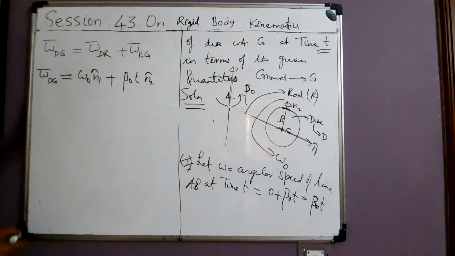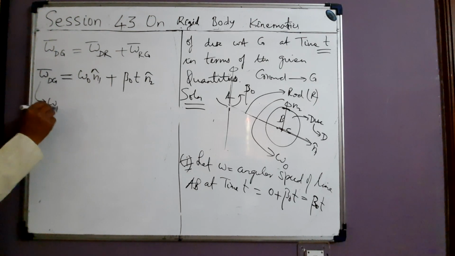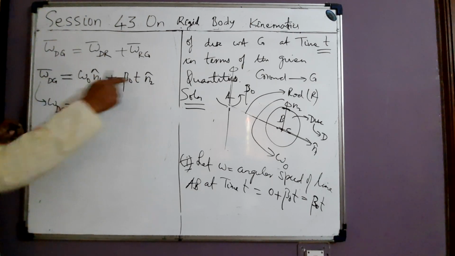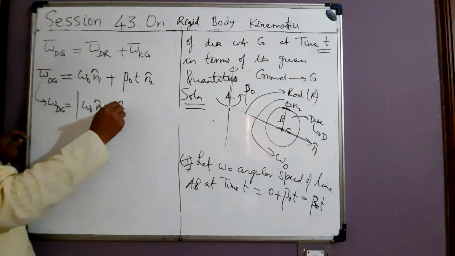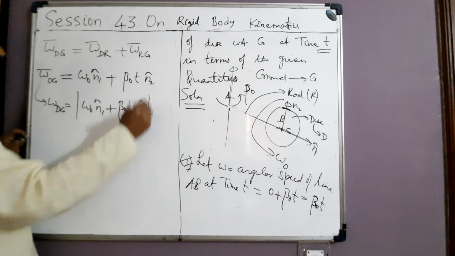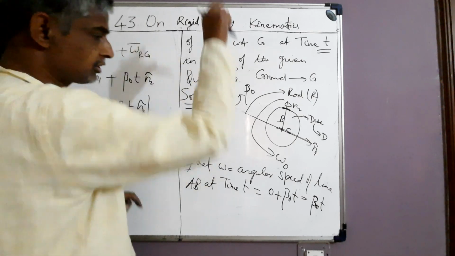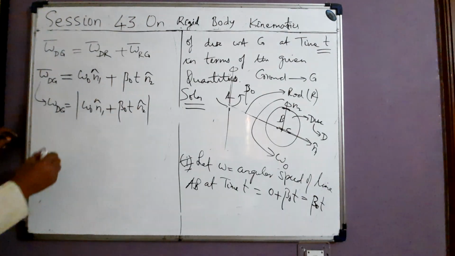Now we have to find the magnitude of this. Angular speed is the magnitude of angular velocity. Now see, beta naught t is upward direction and omega naught n1 is along this. So these two vectors are mutually perpendicular.